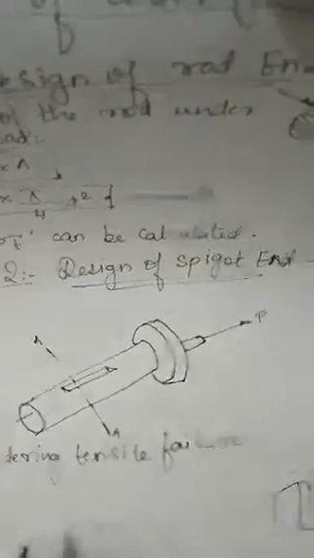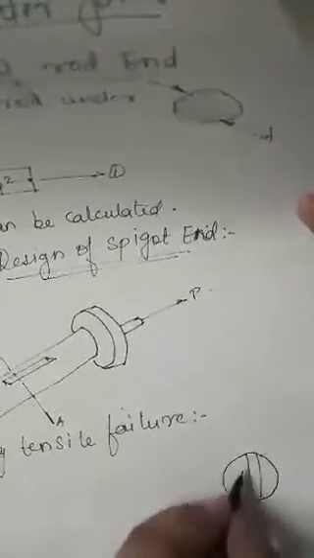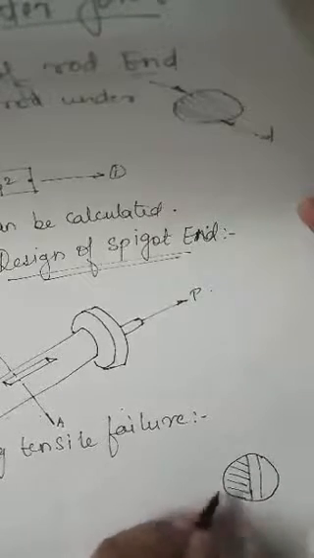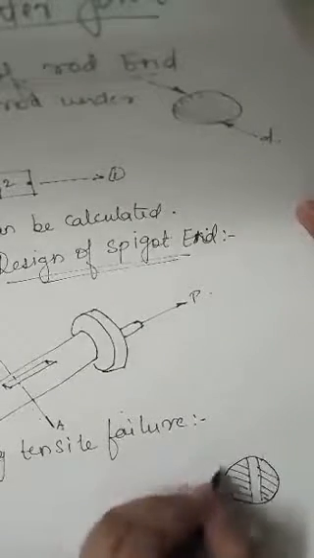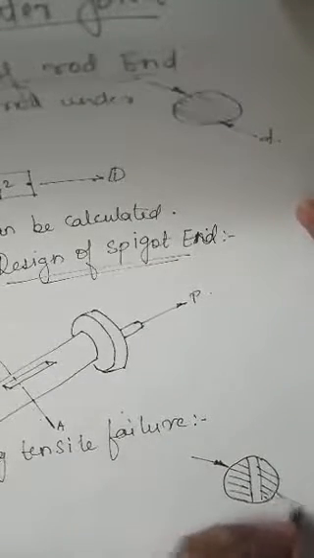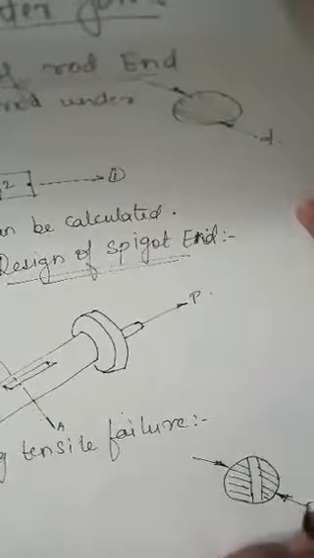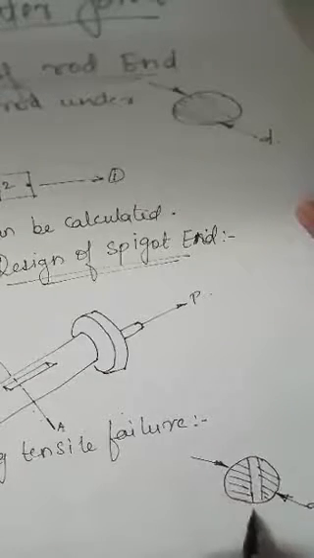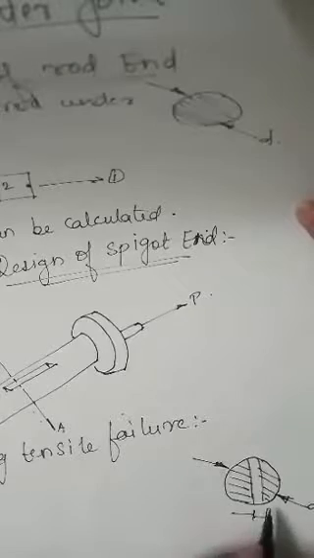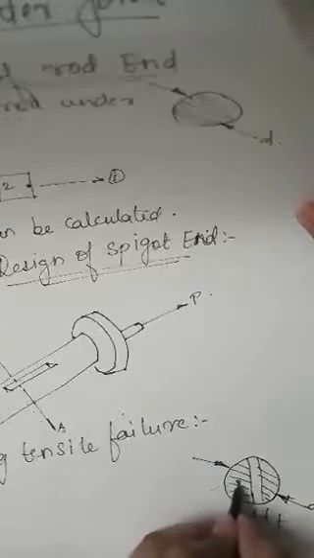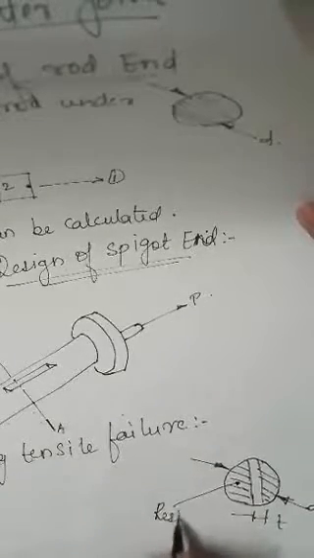For this we will draw a 2D diagram. The diameter for the spigot we will consider as D1, and this is for the thickness t. Now this is our resisting area.